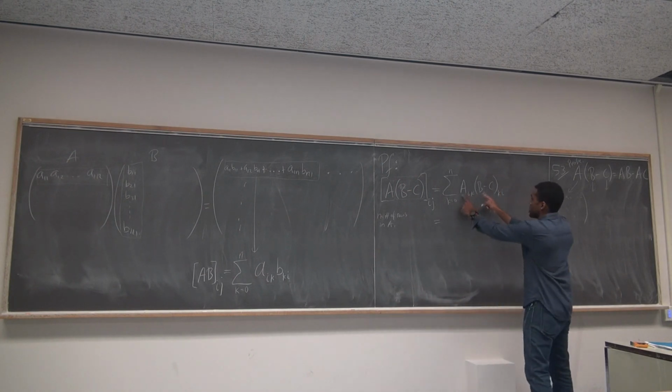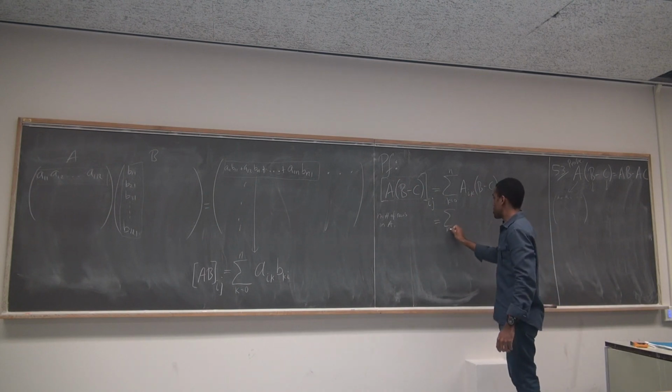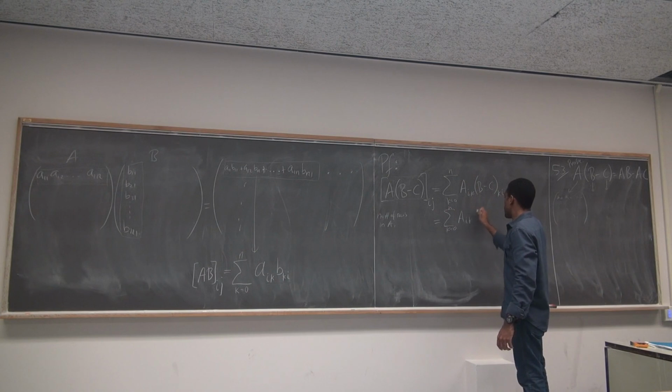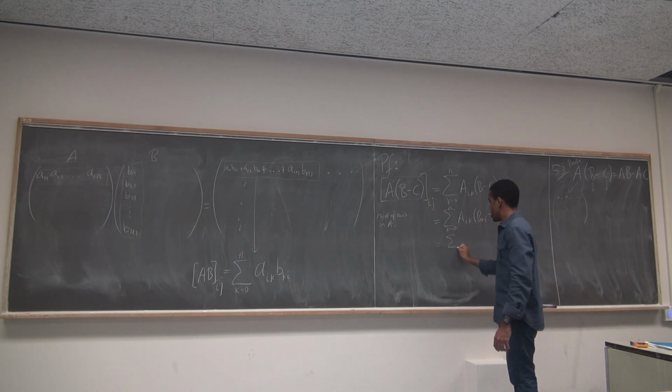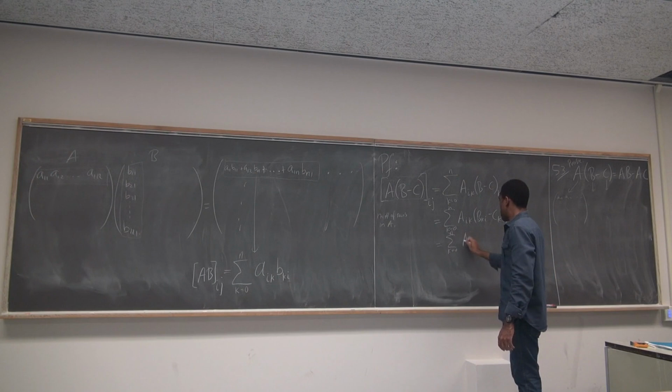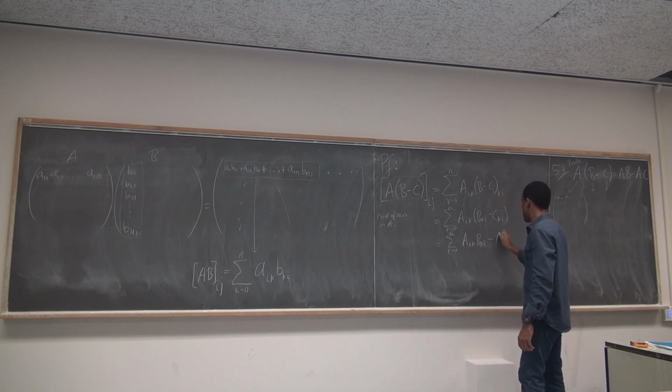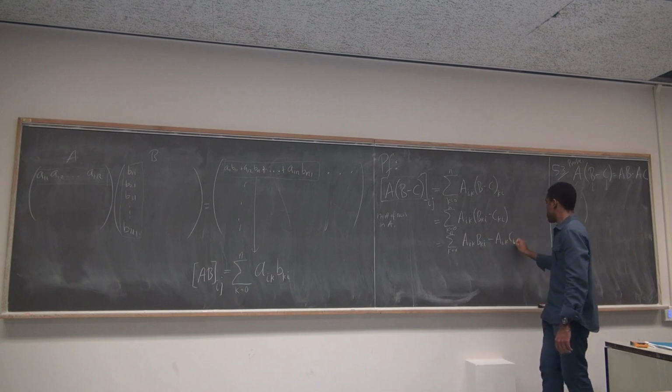But now in these summations, these guys are real or complex numbers. So this is actually just the sum, k goes from 0 to n, of a_ik times (b_kj minus c_kj), and that is a_ik b_kj minus a_ik c_kj.